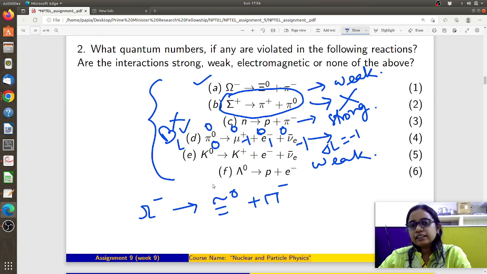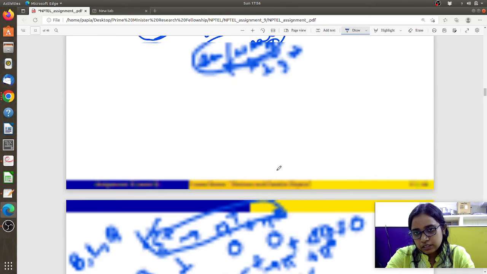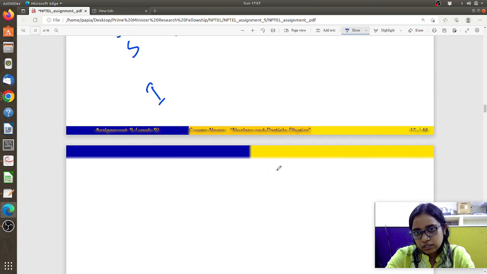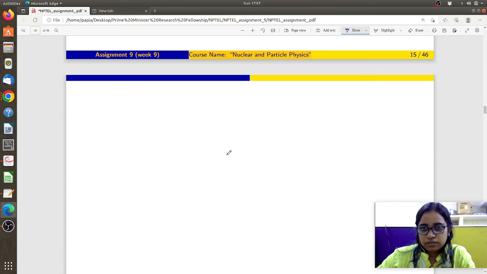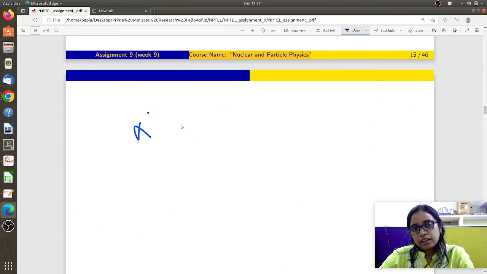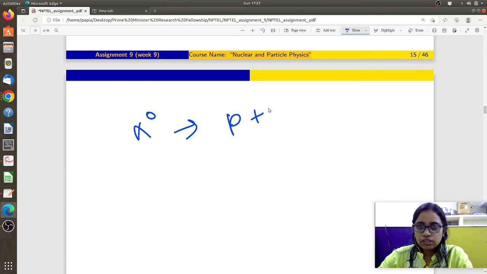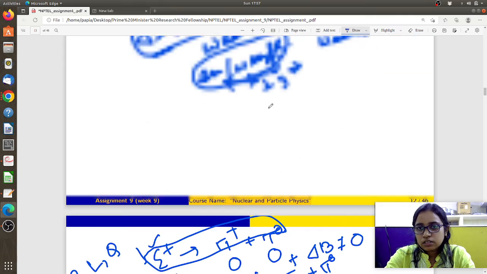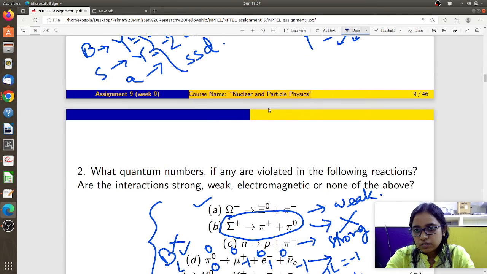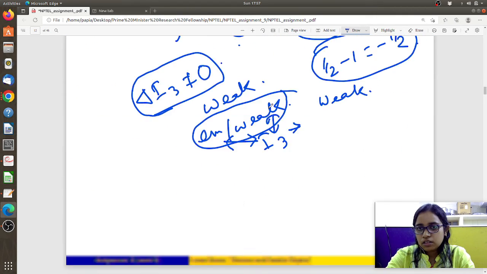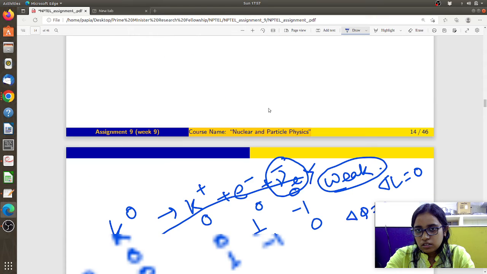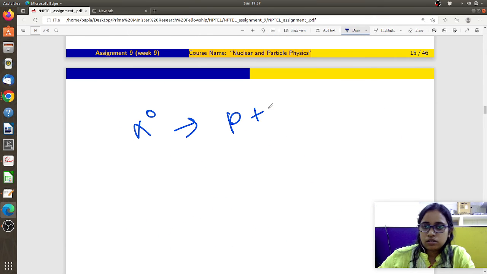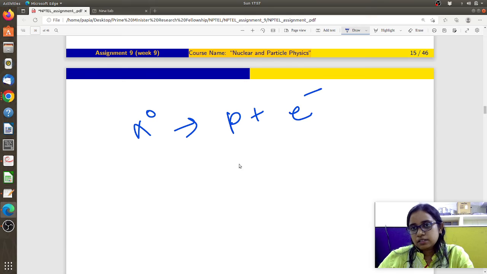The F part was lambda 0 goes to P plus e minus.